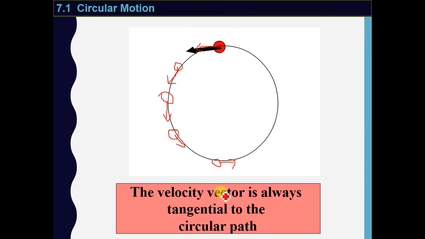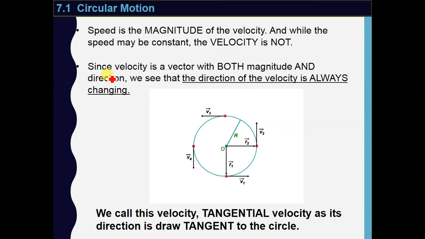So the velocity vector is always tangential to the circular path. Once you have circular motion, the direction of the object's velocity is always tangent to the circular path.